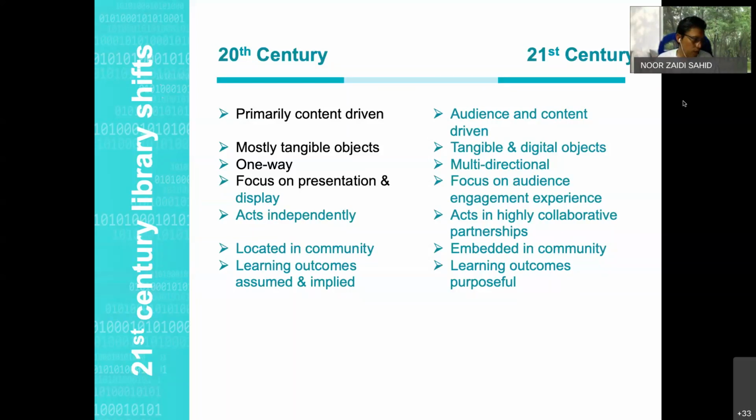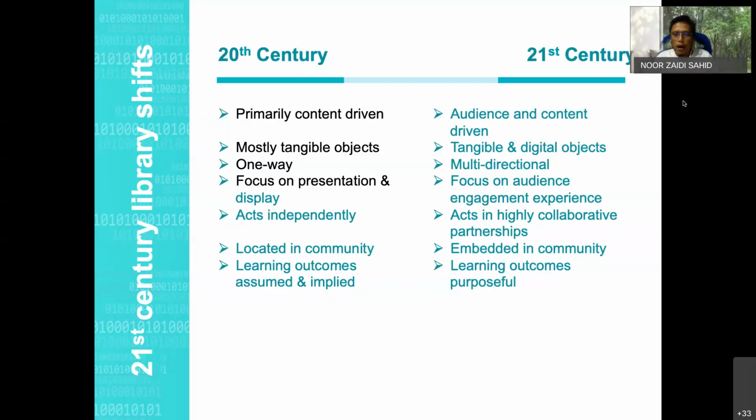The combinations of tangible can be printed, but at the same time they need to provide digital information services. Digital information services. Kenapa? Sebab there is no more geographical barrier. No more geographical barrier.